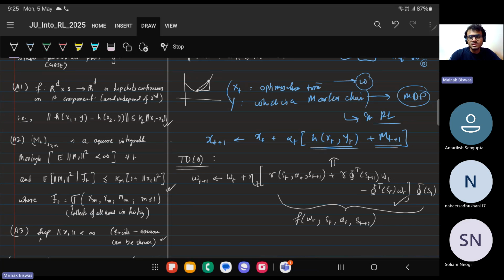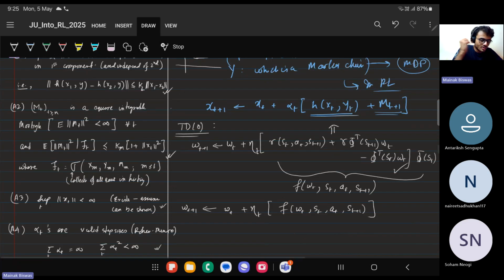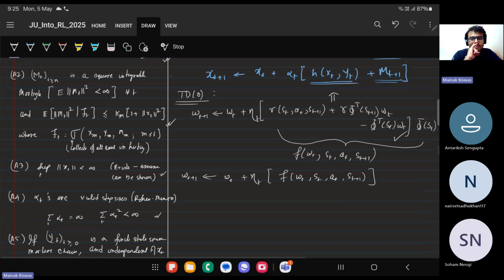Now, therefore, your TD0 algorithm becomes Wt plus eta t times f of Wt, st, at, st plus 1. Now, can I make it into a martingale?